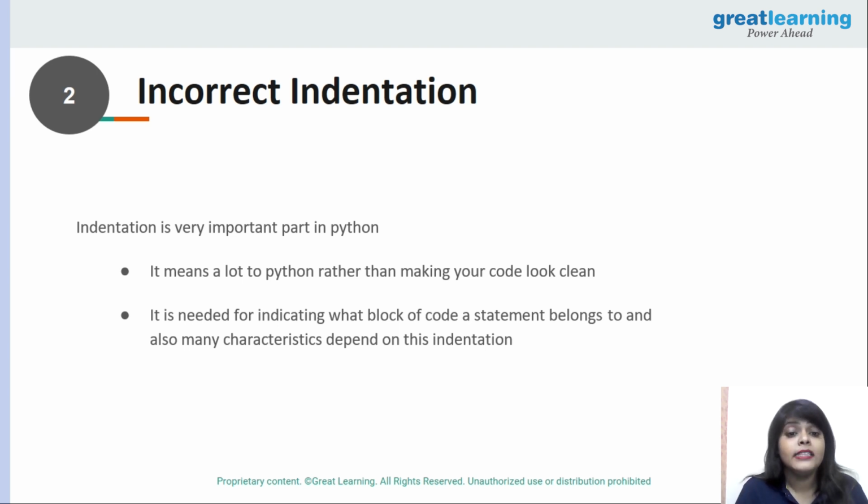But in the case of Python, it's basically the syntax, right? The main thing about Python is that you have to maintain the indentation properly. Otherwise, your code will not get executed, right? It is needed for indicating what block of code a statement belongs to, and many characteristics depend on this indentation. So let's have a look at the demo for this particular thing.